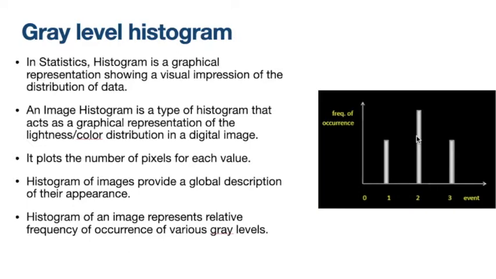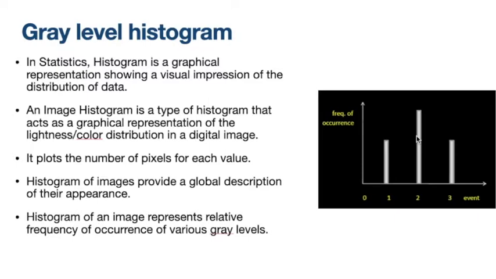Now let us see the image histogram. An image histogram is a type of histogram that acts as a graphical representation of the lightness or color distribution in a digital image.